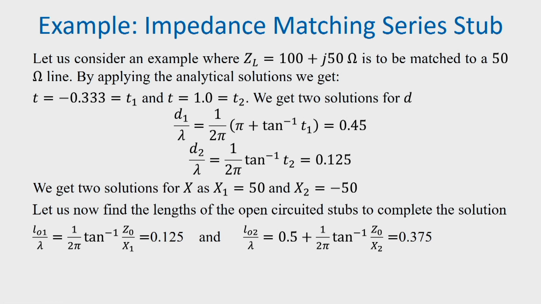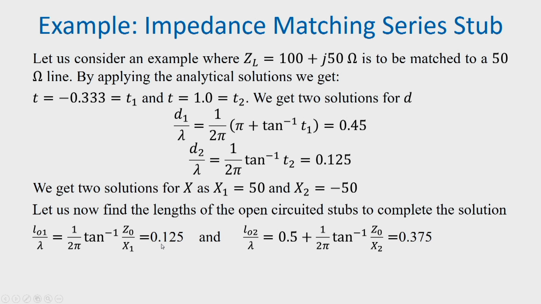So, we have found out the locations of the stub where the stub need to be placed from the load, d 1 and d 2 in terms of lambda, and the corresponding values of the lengths of the stub, again in terms of lambda we have calculated.